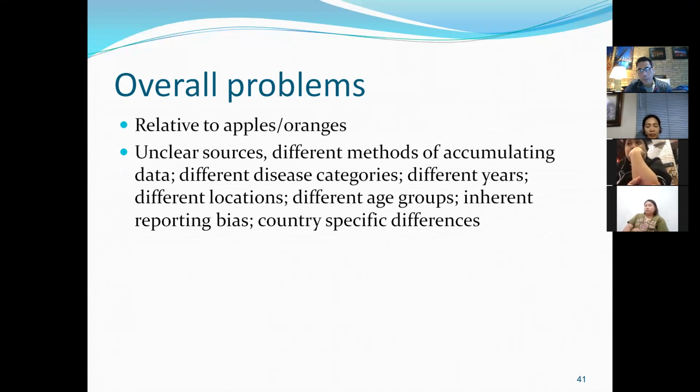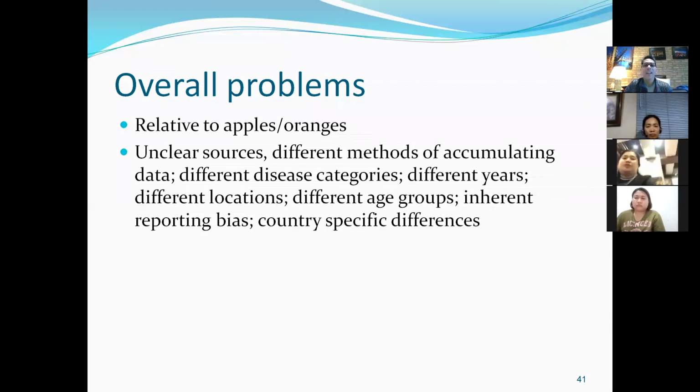You should not do systematic reviews because there are specific guidelines in doing those things, because when you do systematic reviews and when you do a meta-analysis, you are supposed to compare apples with apples, and you're supposed to compare oranges with oranges.